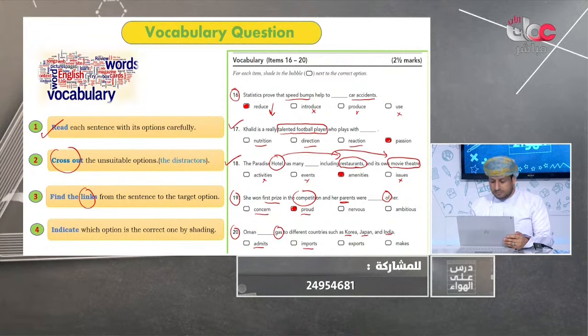Import, export, or make. Those words, import and export, are antonyms, or they are opposites. So the correct answer is Oman exports. يصدر, export. The opposite is import, يستورد.